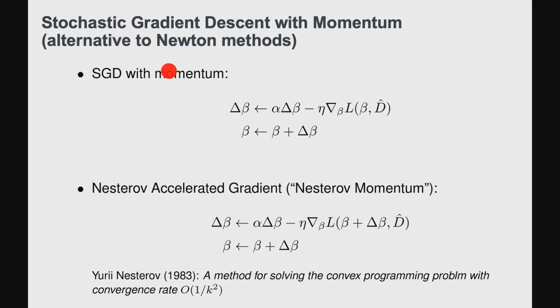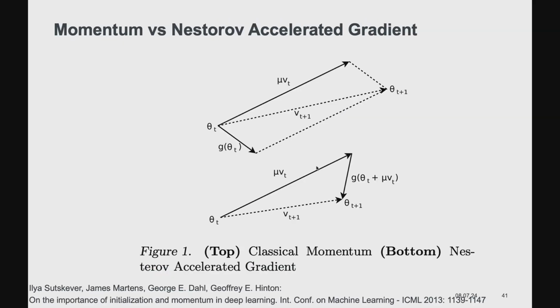There are variations of stochastic gradient descent with momentum. One is the Nesterov accelerated gradient. And I think that's easiest to understand with such a diagram. So the default method that I showed you now with momentum is that you are at a certain point and the gradient shows in a particular direction.